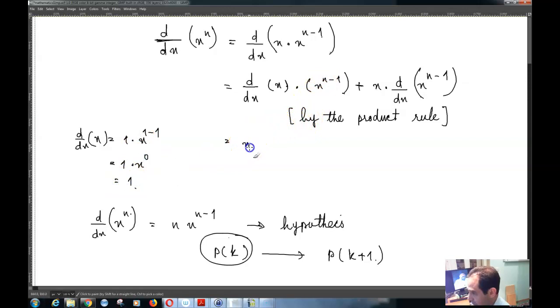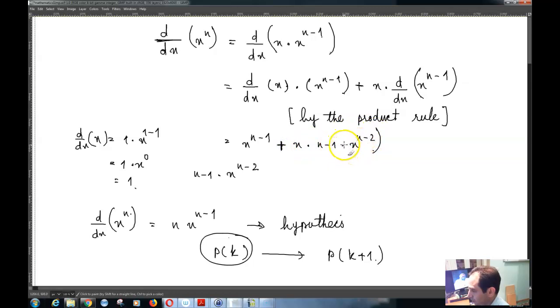So that is the same thing as x raised to the power n minus 1 times 1, plus x times n minus 1 times x raised to the power n minus 2. Right? And there is a plus sign somewhere over here.